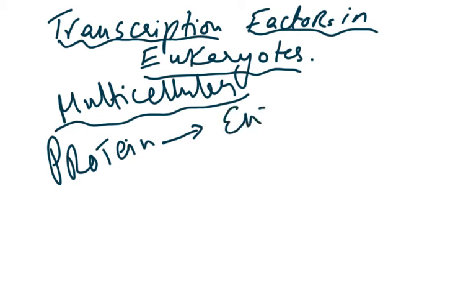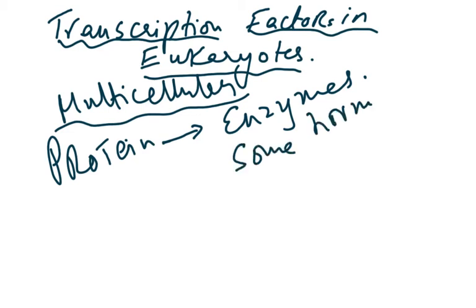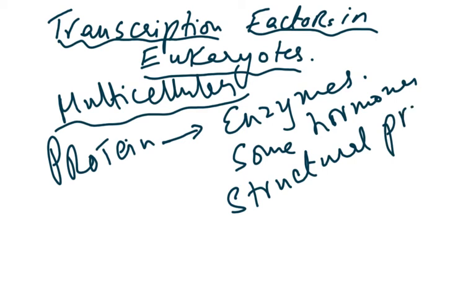And these proteins are mostly what we call enzymes. Some hormones are proteins, so I won't say all hormones. Then we have structural proteins, like you need a channel protein for chloride somewhere. You need a channel protein for calcium somewhere.